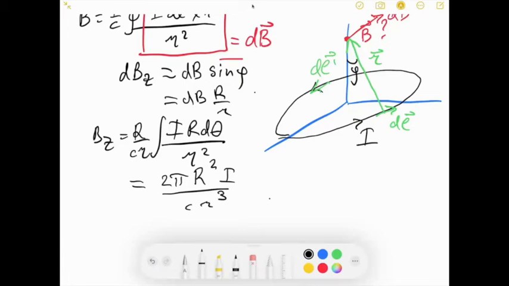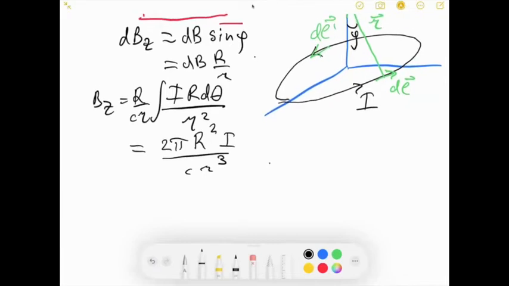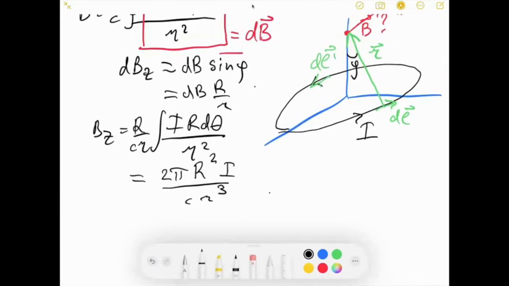All right, let me make sure that I got my math right. Yes. Okay, and R now you can describe as a function of z by just plugging in the Z dependence.